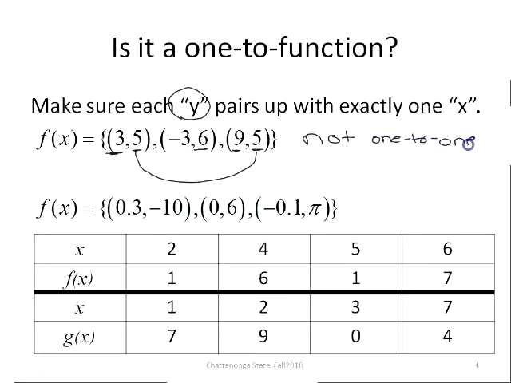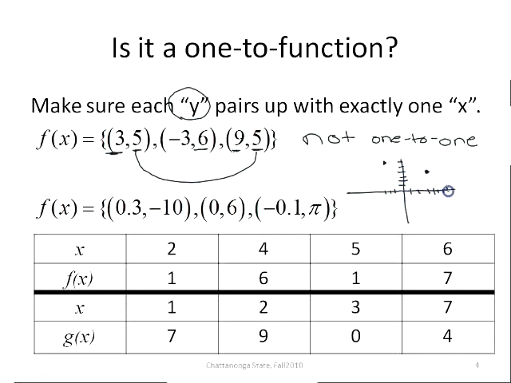Sometimes you'll read in textbooks that another way to say one-to-one is invertible. This is not one-to-one. Now let me just sketch this graph. The point (3, 5) would go here. The point (-3, 6) would go here.